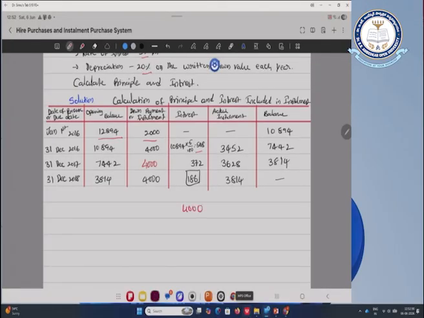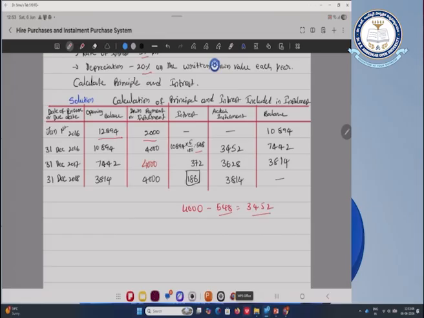After payment of the down payment, on this 10,894, what interest rate do we have to pay? 5%. That 5% is nothing but 548. Our installment is 4,000 rupees. So, 4,000 rupees minus 548, what remains?